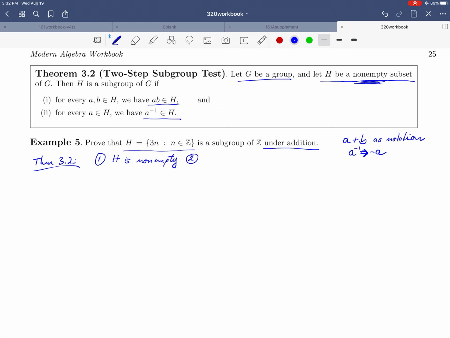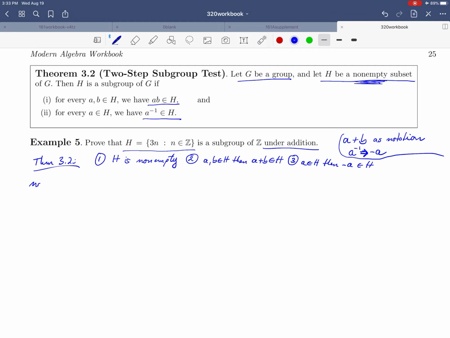Second, we have to show that if a and b are in H, then a plus b is in H. And then the third thing we have to show is if a is in H, then minus a is in H. We're going to do this one by one.